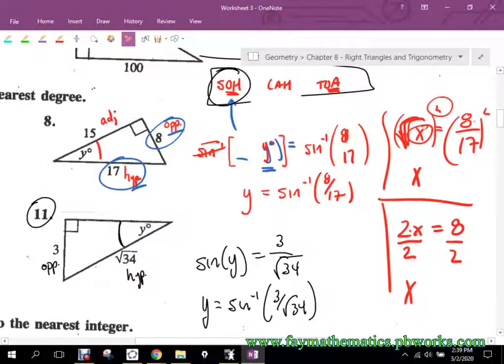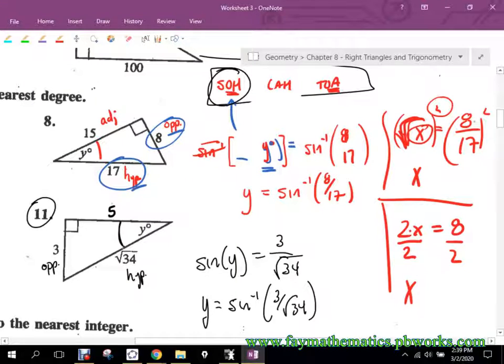So when you have two sides of the right triangle, can you use the Pythagorean theorem to always find a third side? But here's my question. Radical 34 squared is 34, 3 squared is 9. If I subtract those, it gives me 25, right? Okay, 34 minus 9. So this would be a length of 5.